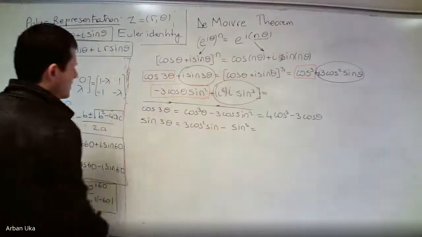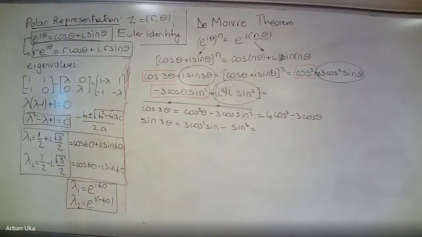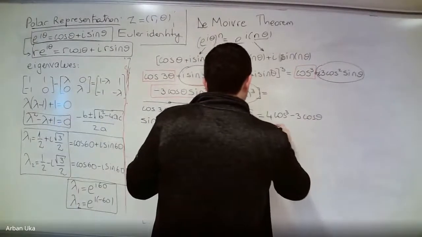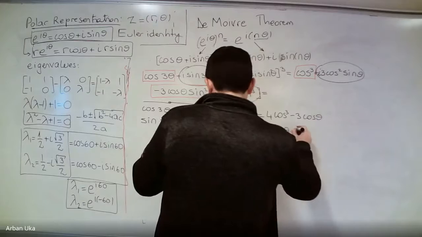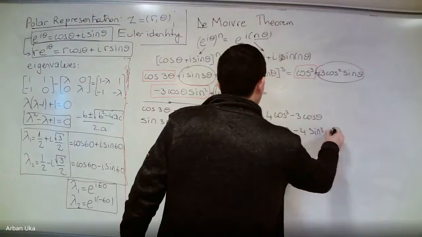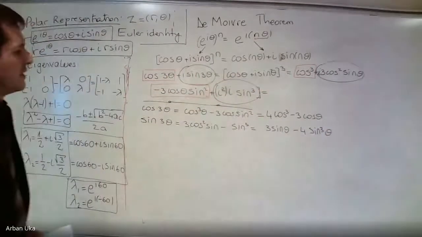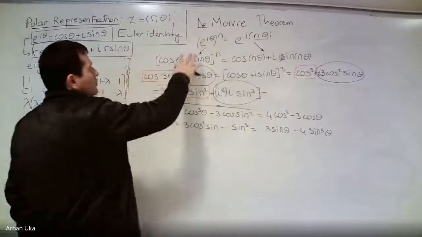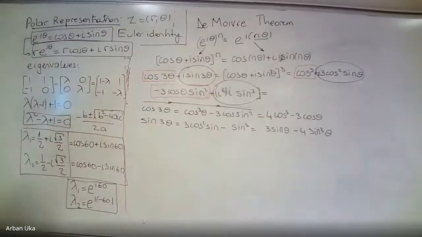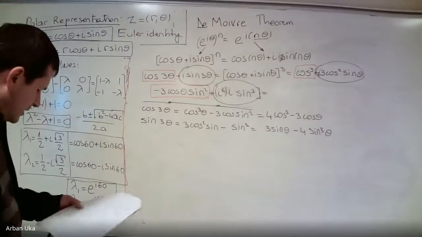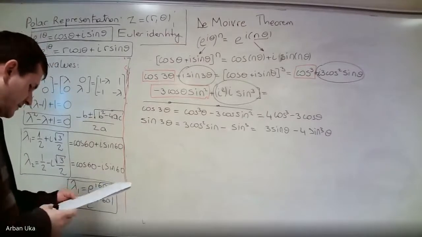These are all theta, so the sine of 3 times an angle theta is equal to these, and this can also be written as 3 sine theta minus 4 sine cubed theta. So deriving these properties may in principle be a little difficult, but using the polar representation of e to the power i theta, we can easily derive these.